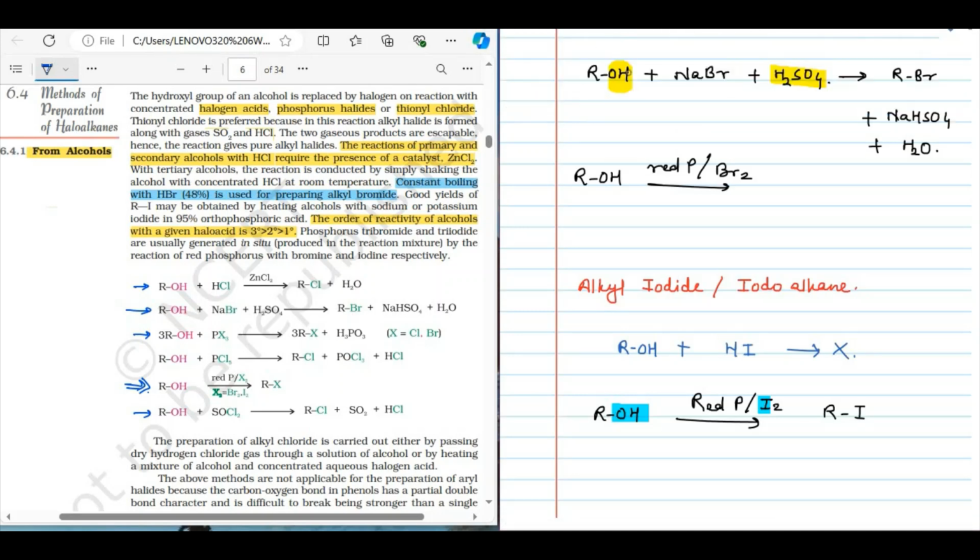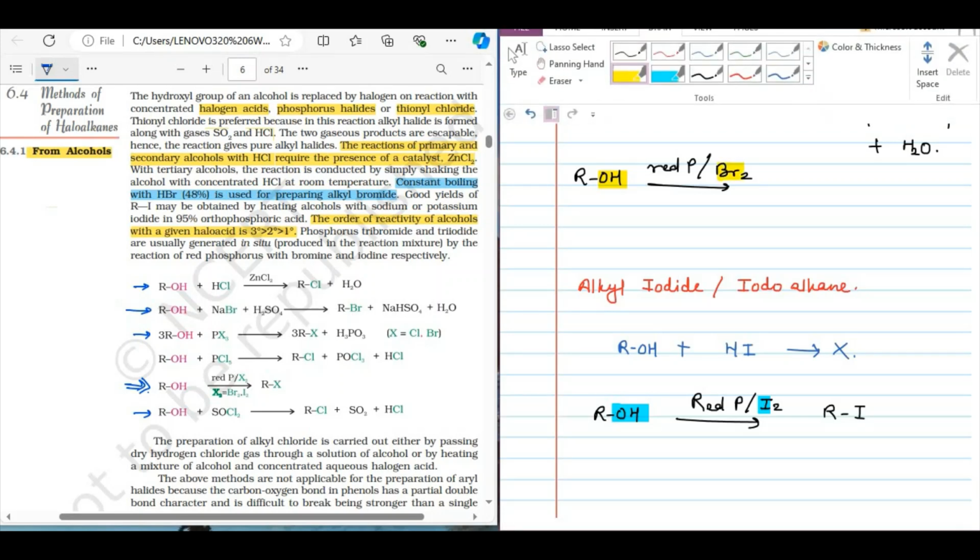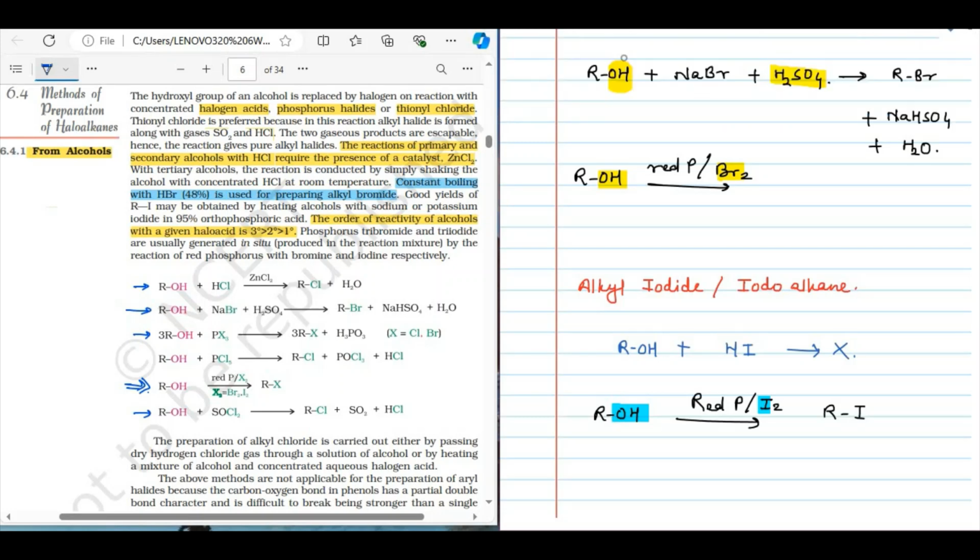When Br2 is heated with red phosphorus and with alcohol, Br replaces OH, and here you will get the product alkyl bromide. So here you will get RBr. So this is another method for the preparation of alkyl bromide.